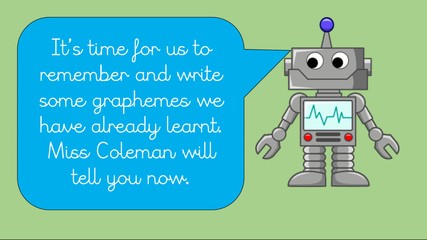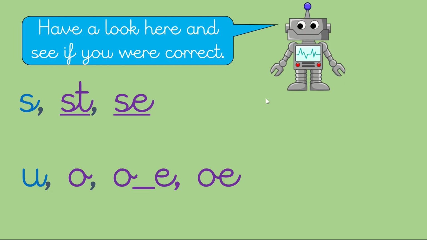Next of all, I want us to write all of the graphemes for the phoneme. I want you to pause the video now and write those down because we're going to move on in a moment. Right, well done. Hopefully you've got all those written down, and let's have a look at what they were. So, Rex is saying, have a look here and see if you were correct.